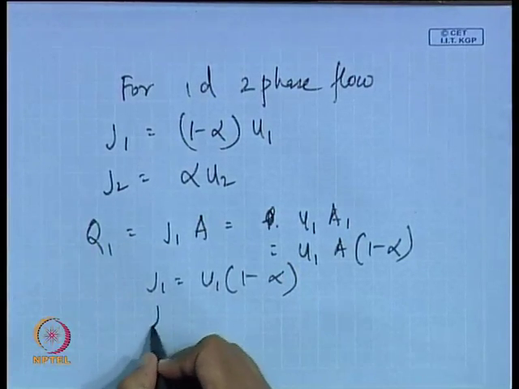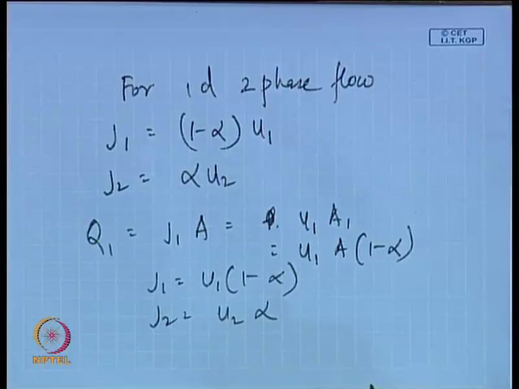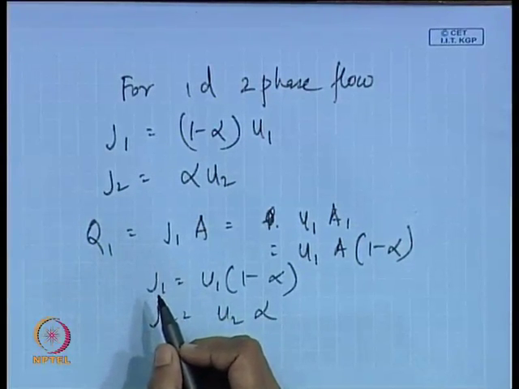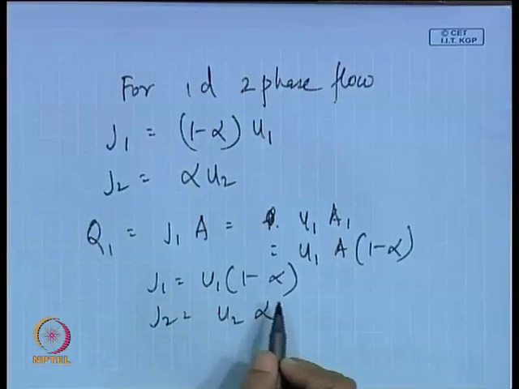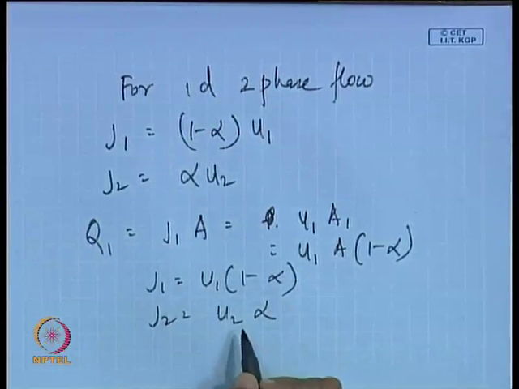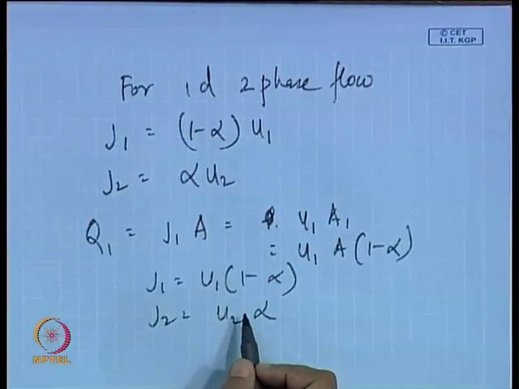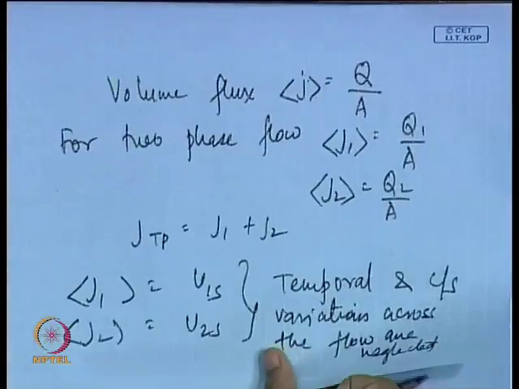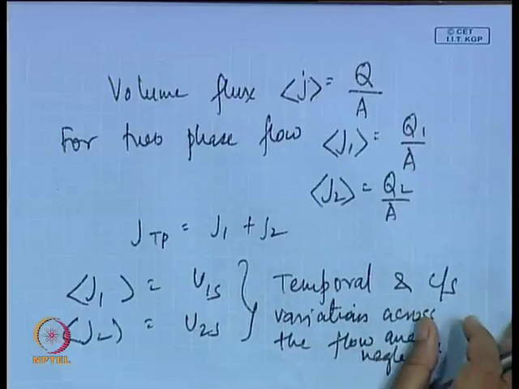Agreed? Same way J2 equals U2 into alpha. Fine. So, the volumetric fluxes can be related to the local component concentration and the velocity by these relationships for one dimensional two phase flow, and the total local flux, as I have already mentioned, can be expressed by this particular expression.